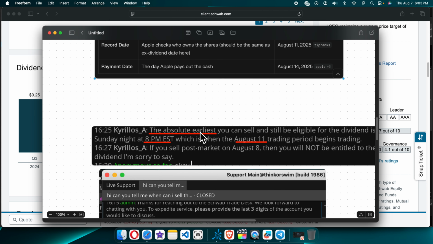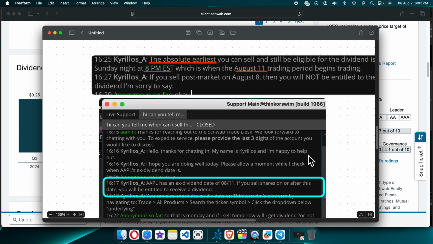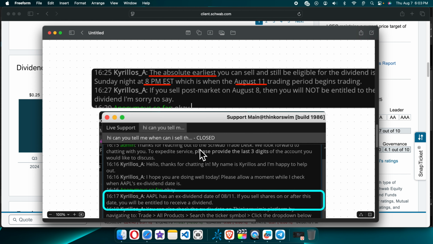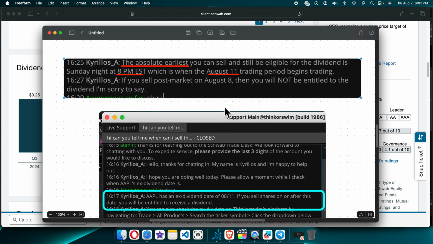So I tried to check with customer care, I mean support. They mentioned that the absolute earliest you can sell and still be eligible for the dividend is Sunday night at 8 p.m. EST. Okay, so that is August 11, right?